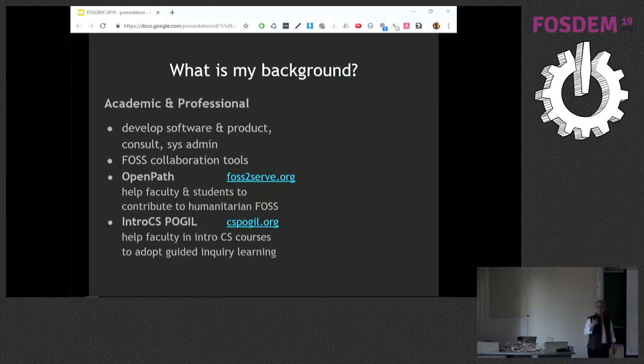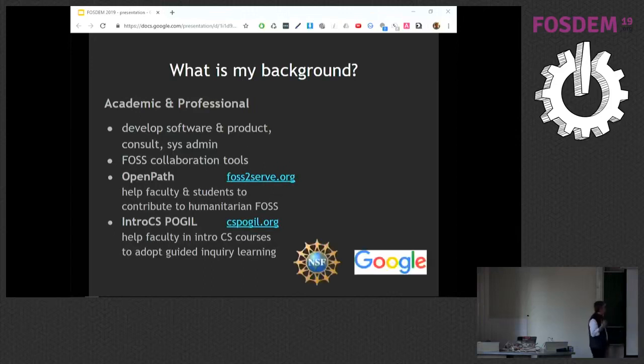So I'm involved in 2 major projects, one focused on helping faculty and students get involved in FOSS for humanitarian purposes, that's the Open Path project, and the other is something called POGLE, which is a very particular style of classroom learning that helps students practice the skills they'll need in open source projects. So I want to acknowledge support from the US National Science Foundation, from Google for helping us do that kind of work.